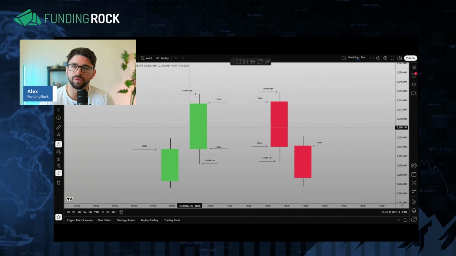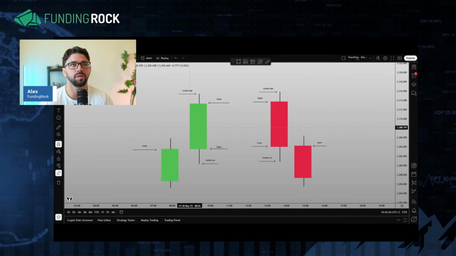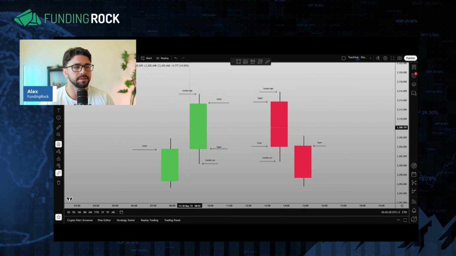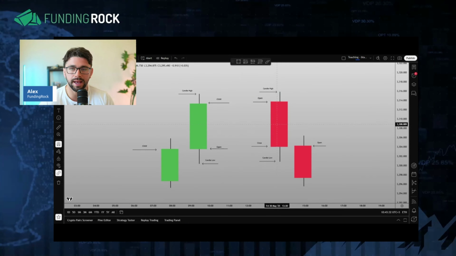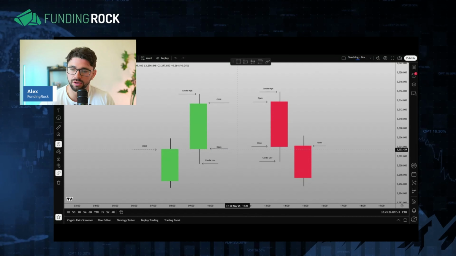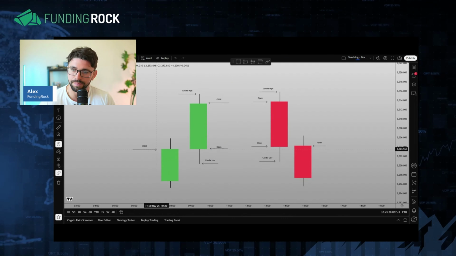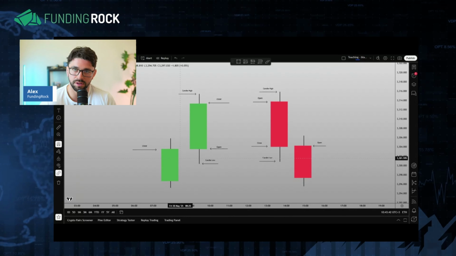Now, the color doesn't really matter. The default and industry standard is for a buying candle, you would have one green, and for a selling candle, you will have one red. It doesn't really matter. All they are going to show is if price is going up, there's a certain open, and when price is going down, there's a certain open with that as well.